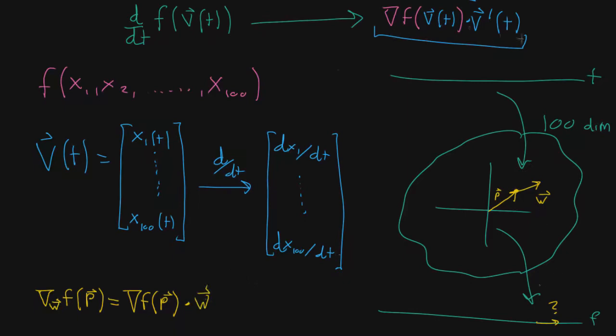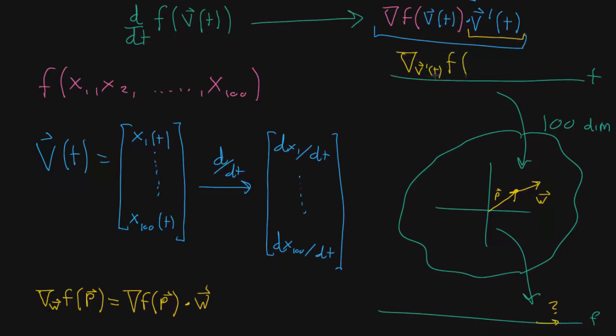But that looks a lot like the multivariable chain rule up here, except instead of w, you're taking the vector valued derivative of v. So this whole thing, you could say, is the directional derivative in the direction of the derivative of v. That's kind of confusing.